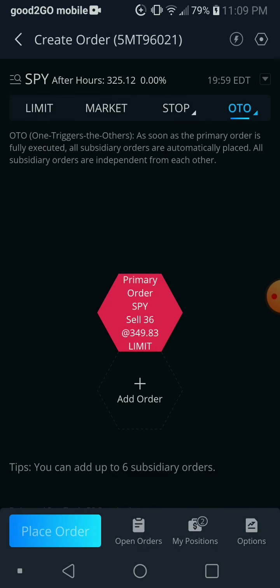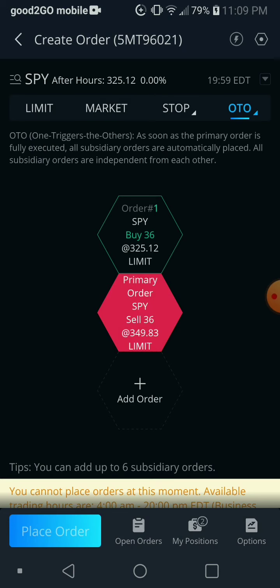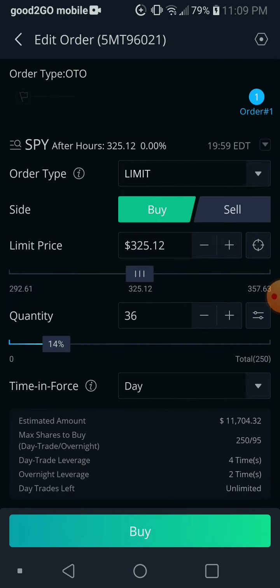So I have one order. This is the primary order. See, it'll say sell 36 S&P 500 stocks if it ever hits 349.83. But that order will also trigger another order. I'll say, hey, if the first order gets applied, I want you to do something else.